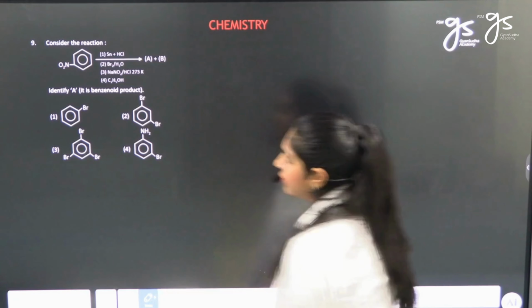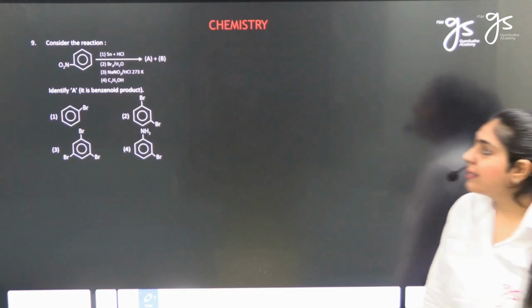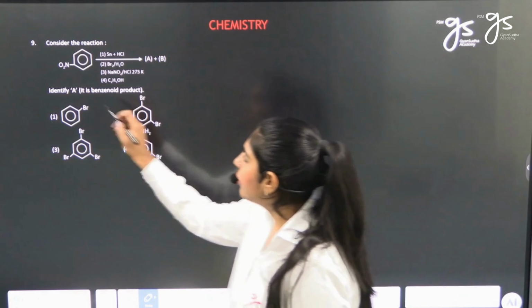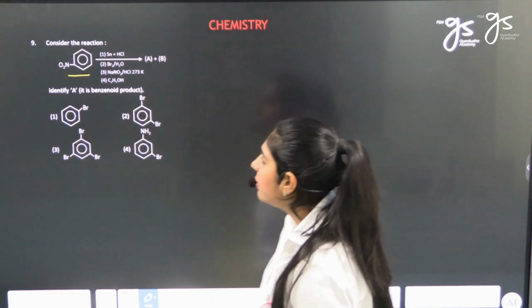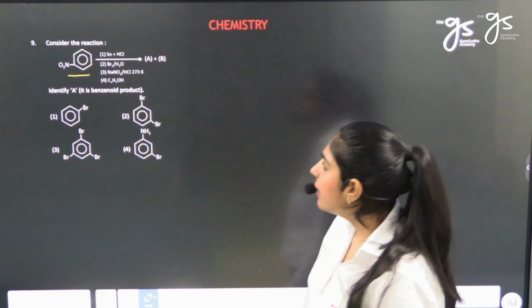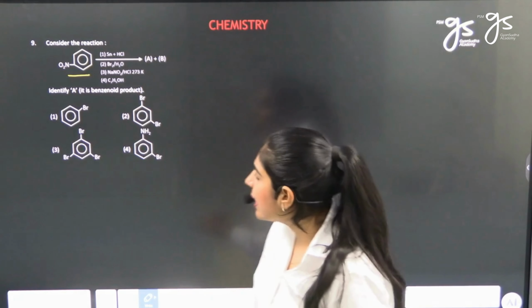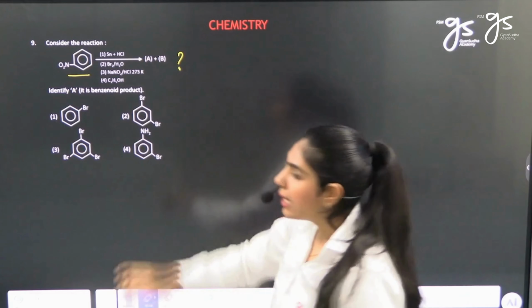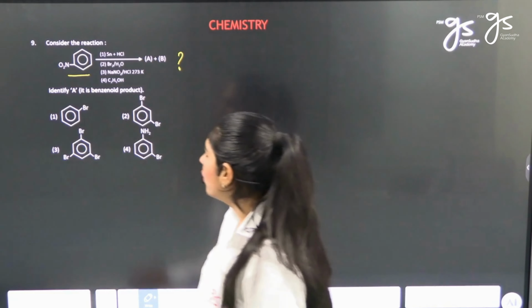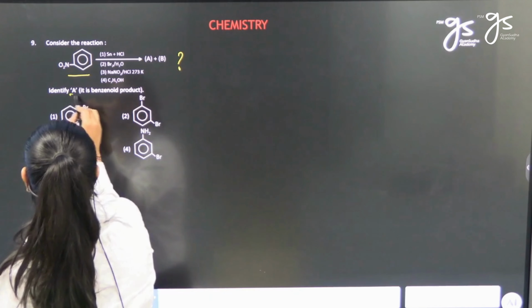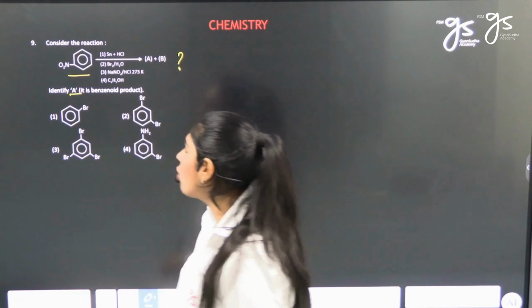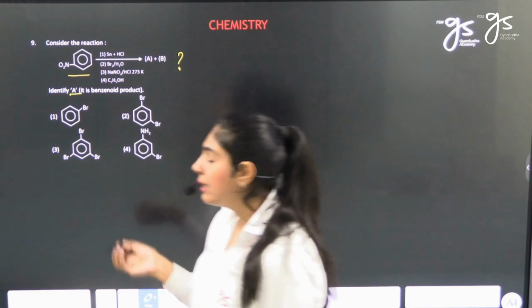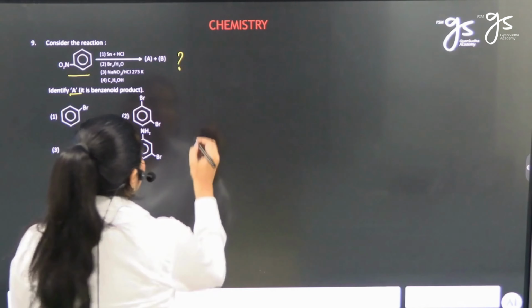This question is of organic chemistry, and it asks about a reaction where nitrobenzene is given with different reagents, and they are asking what will be A and B. So let's write this reaction properly again.